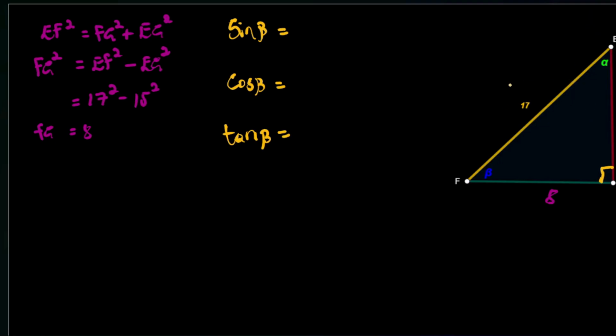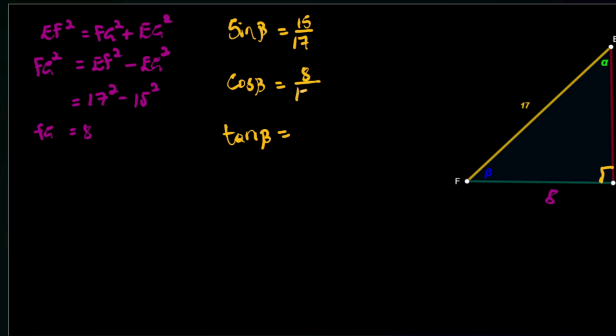Now, we define sine as the opposite over the hypotenuse. So that is going to be 15 over the hypotenuse, 17. And your beta is next to side FG, which we just calculated to be 8. So cos is going to be 8 over the hypotenuse, which is 17.